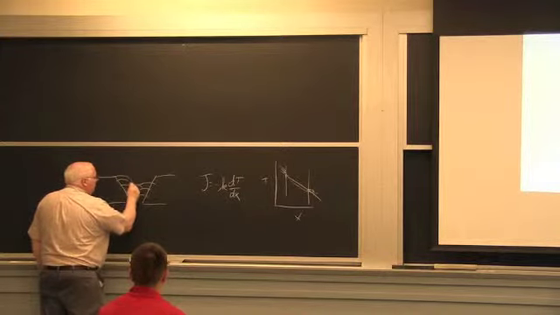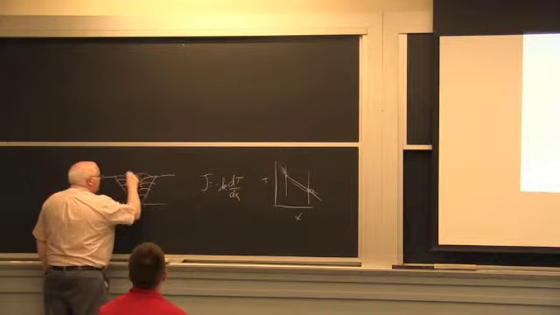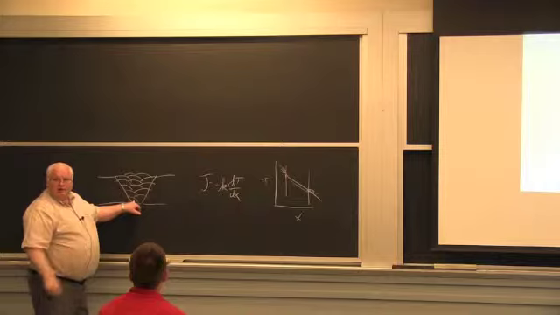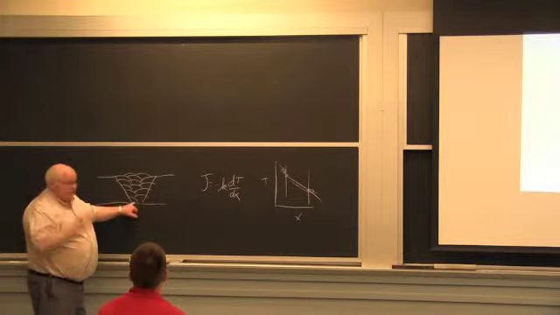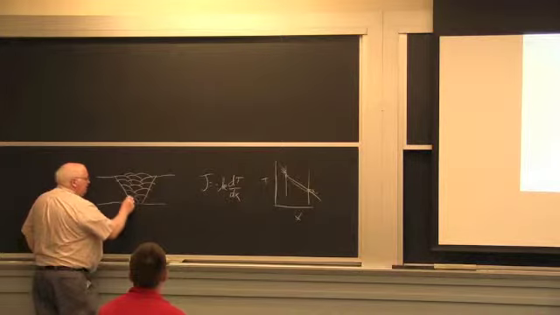This is common in chrome moly steels that you would like to have this bead tempered, because the chrome moly needs to be tempered. You'll get hard martensitic steel. So this bead will have a heat affected zone like this.